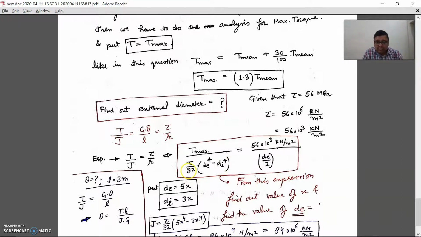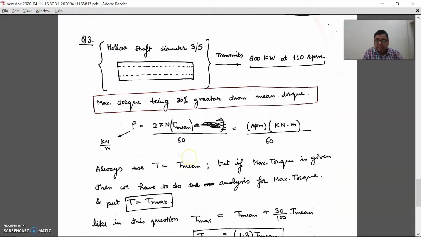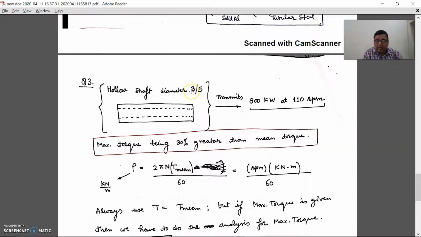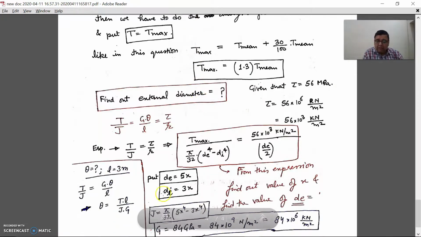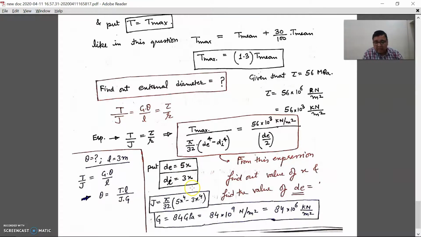Please make sure that it is a hollow shaft, so the diameter ratio given is 3 by 5. That means we can assume 5x is the external diameter and 3x is the internal diameter, right?